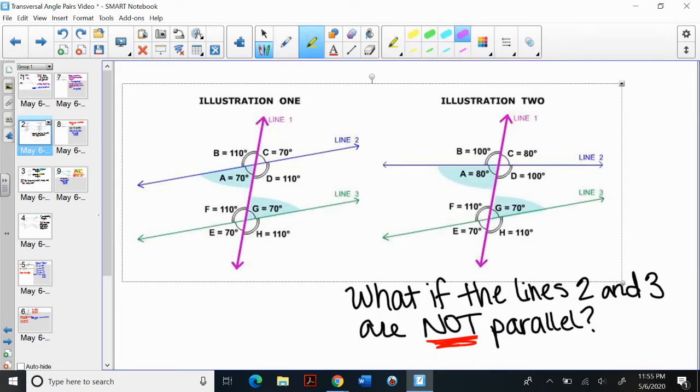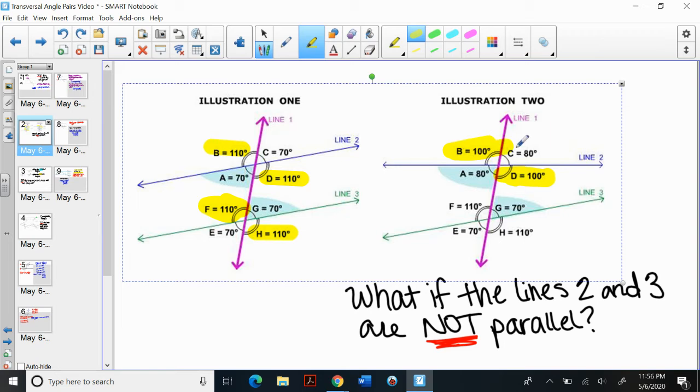Well, in the first picture, I can go back to what I was just talking about where I see 110, 110, 110, and 110. So with those parallel lines, I've got 4 obtuse angles that are congruent. However, if I look over at illustration 2, where line 2 and 3 are clearly not parallel, I see my 100 degrees and my 100 degrees right here because of my vertical angles.